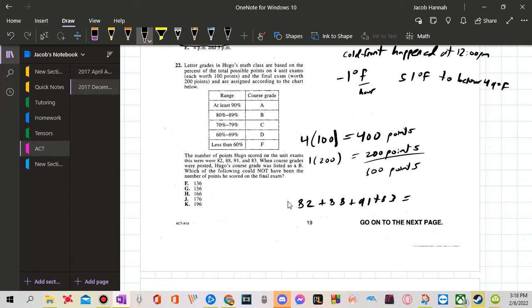So this is 82 plus 88 plus 91 plus 83. That's 344 out of 400 points that he got.